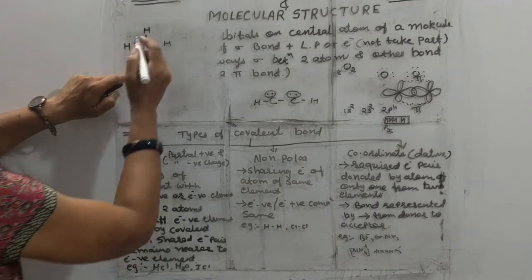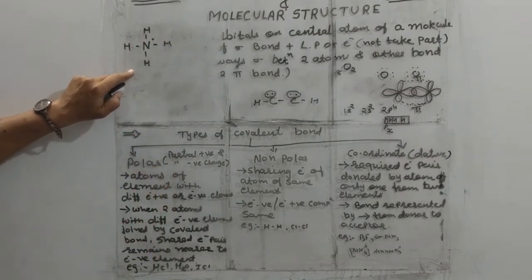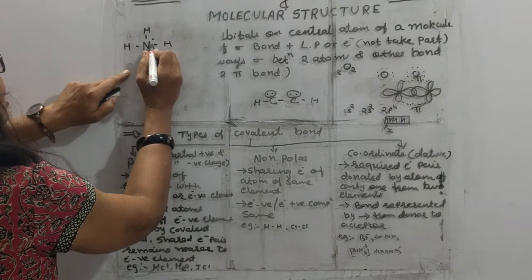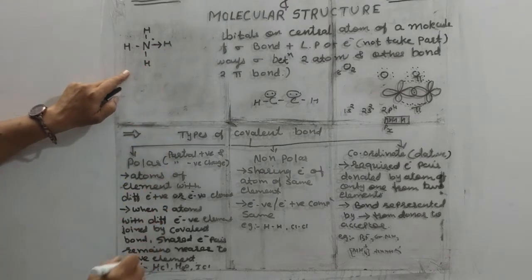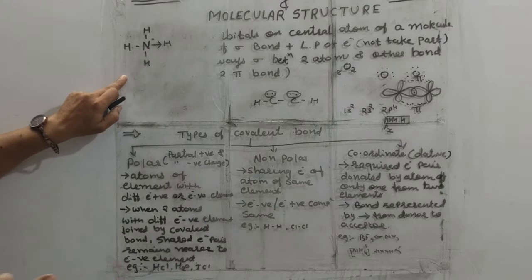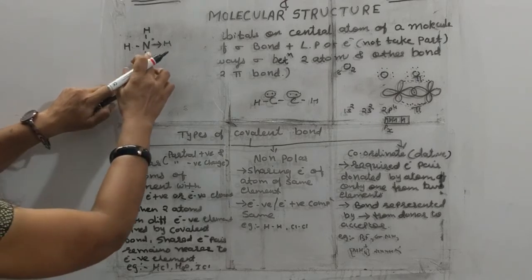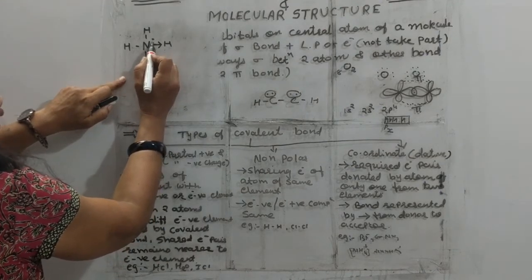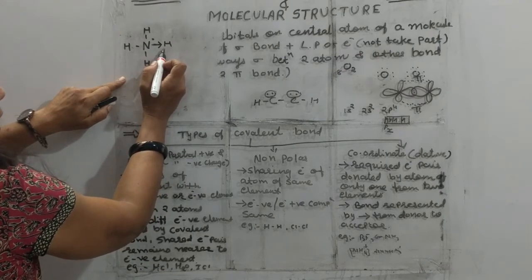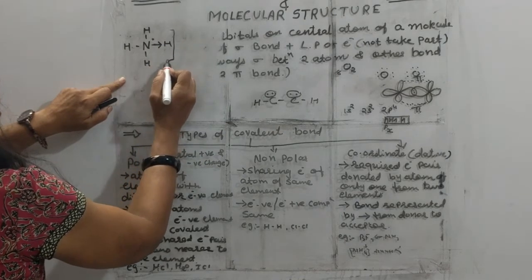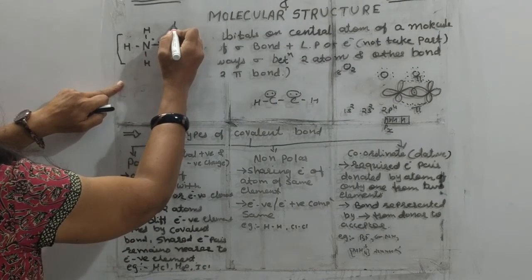Now nitrogen still has one electron pair remaining, and that's why this nitrogen dominates over one of the hydrogens. This coordinate bond is shown by putting an arrow from donor to acceptor. Means the extra electron pair that nitrogen has forms a coordinate covalent bond with the hydrogen, and that's why it is NH4 plus.